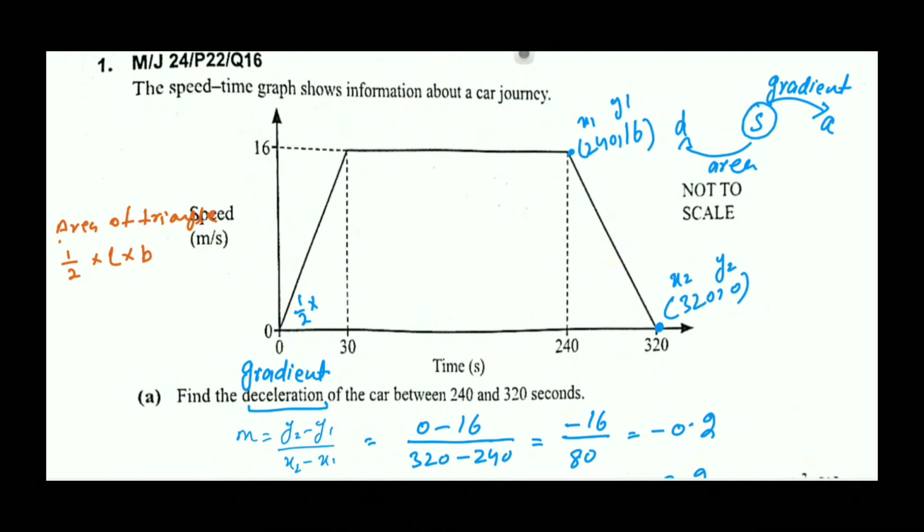Area of a trapezium is 1 over 2 into height into a plus b. I will tell you what the height of the trapezium is, and what a and b are.